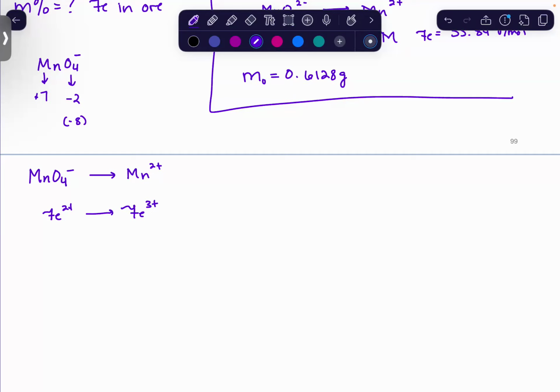Okay, so now irons are balanced, manganese are balanced. We can go straight to balancing oxygens. The iron is not going to need any waters because it has no oxygens to balance. The permanganate has 4 oxygens.